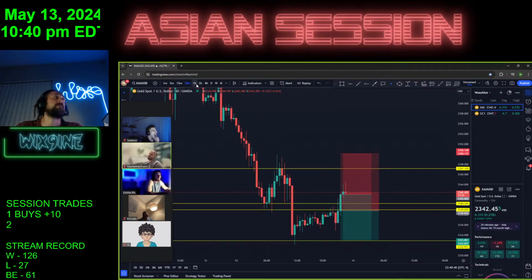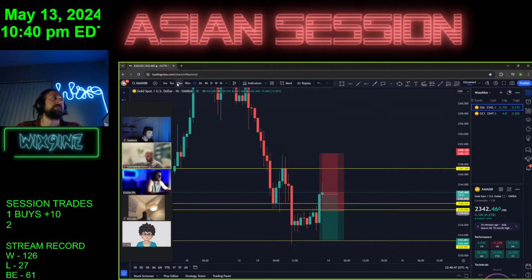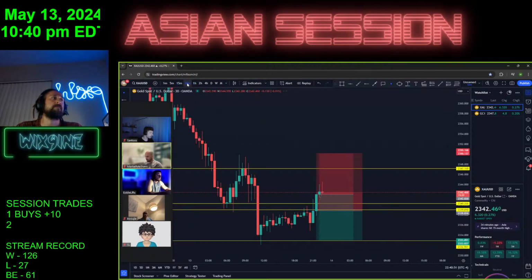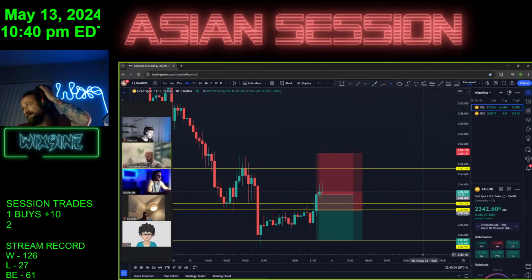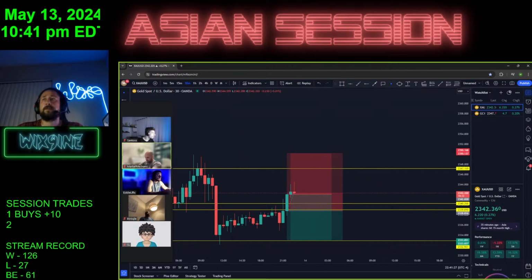See the 30s flip, but you really need to break the hourly low. We should still move up and down and up.